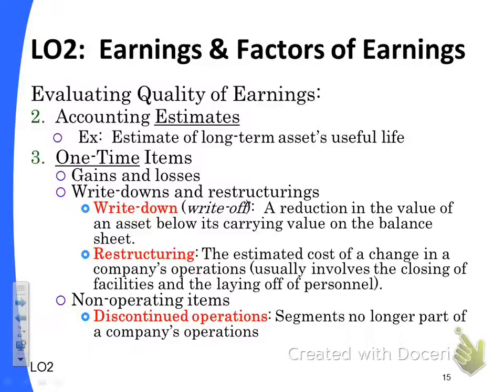Also, if you have to write down the value of anything, if you have to write down the value of your inventory, if you have to write down the value of your receivables, those will impact your income statement. And then if you have to do any sorts of restructuring. And then things that are what we call discontinued operations. So if a business decides to stop operating a segment of their business, they have to go through the process of shutting everything down and then discontinuing that operation and writing anything off.